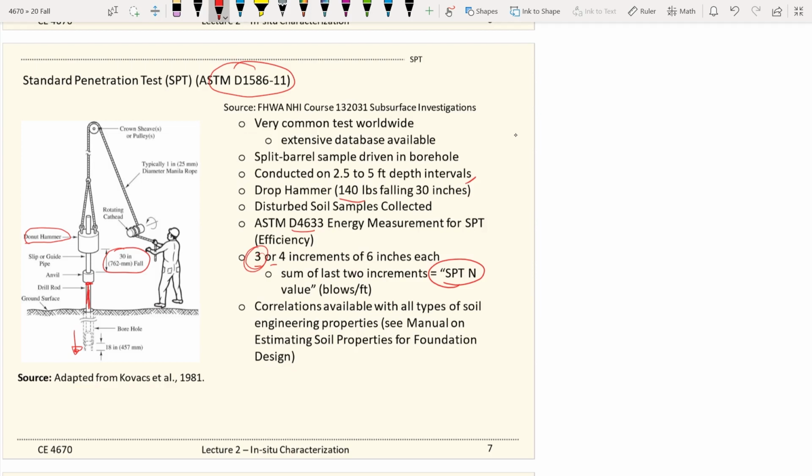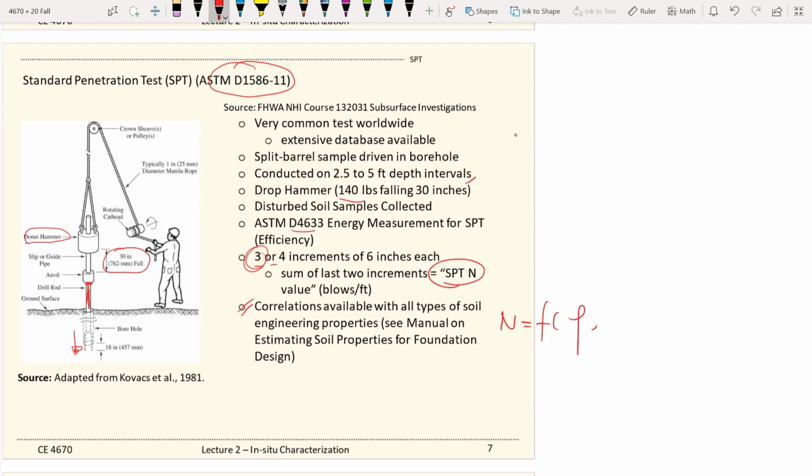And last but not least, when you get your SPT-N values, we can use these penetration blow counts, which represent, in some way, the resistance or the stiffness of the soil. That's what we want, and we can use those parameters to empirically correlate with the soil properties we need, such as density and soil strength.